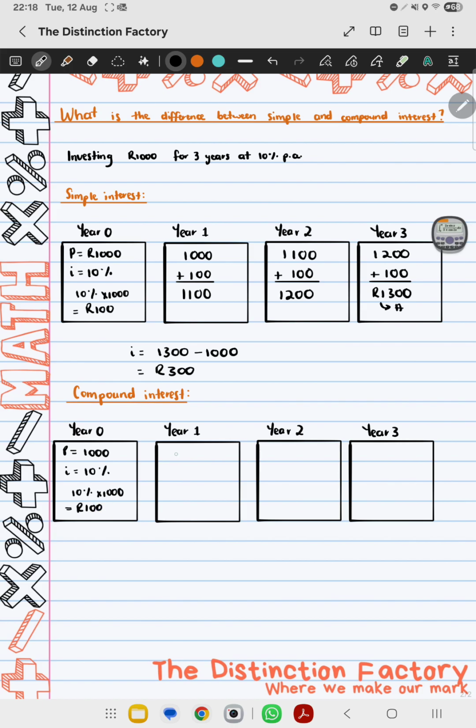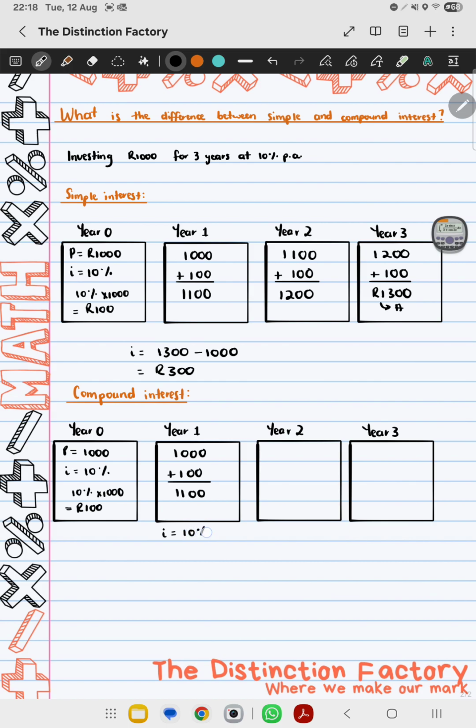So at the end of your first year, you're going to have the 1,000 that you put in, plus another 100, which was the interest you collected, giving you a total of 1,100 Rand. But then we have to now calculate a new interest that gets added to our total for year 2. So let's go ahead and calculate our interest here.